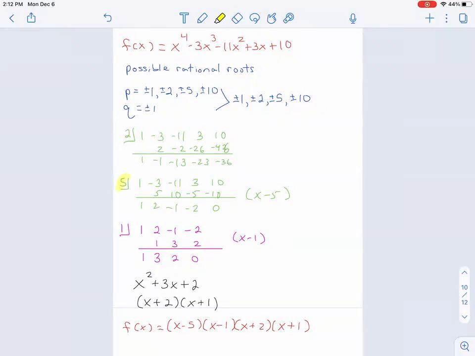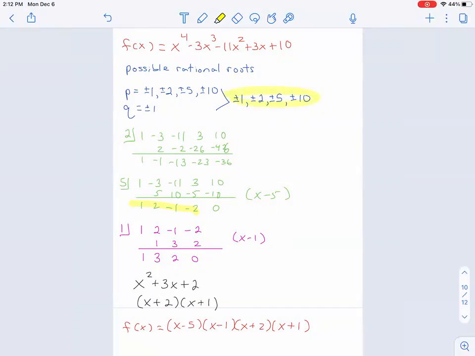Then I tried 5, and I did get a remainder of 0. Since I got a remainder of 0, that means x minus 5 is one of the factors. Not only is it a factor, I know that it's factored out, so I now have this third degree polynomial left over.